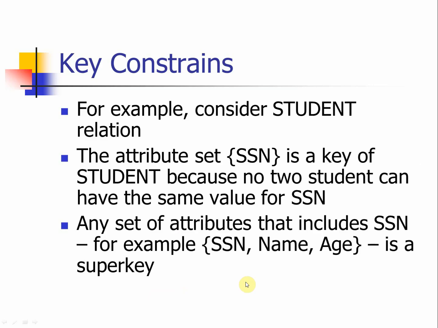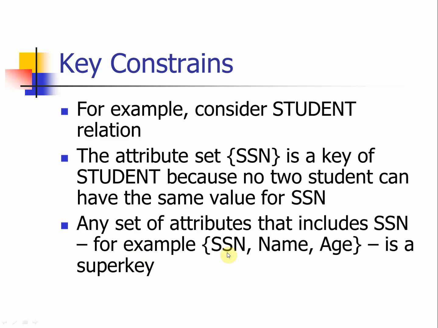Let's take a look at a few examples to understand it. Say now we have a student relation. The attribute social security number is obviously a key to the student relation. It is also a superkey, because we pick only one attribute that forms a superkey to the student relation.